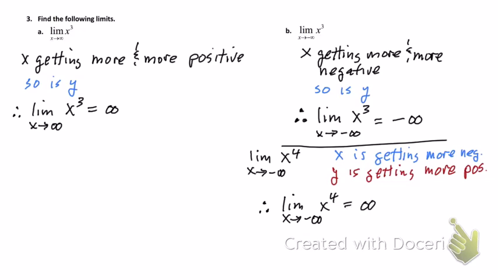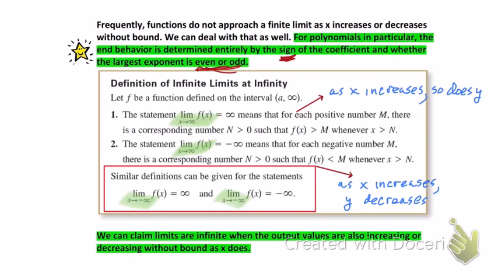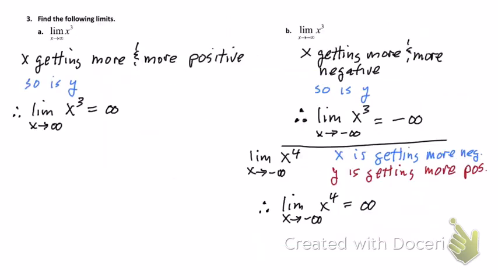And that's what the notes we're talking about up here. The end behavior for these polynomials is determined by the sign of the coefficient and whether that largest exponent is even or odd, like we just saw here. Difference between x cubed and x to the fourth, when we're talking about x approaching negative infinity.